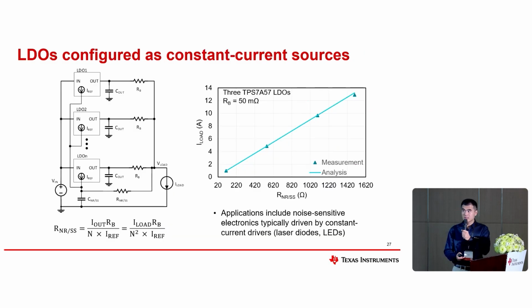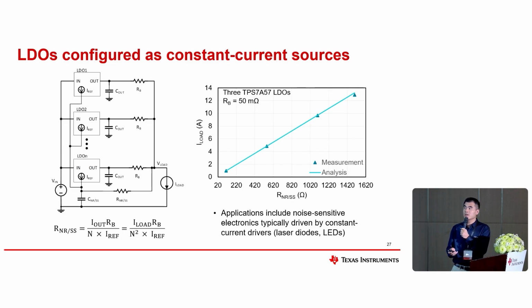There are some applications using constant current, such as LEDs. In this case, if you want your LDO to regulate the output current, you need to choose an LDO with internal constant current.